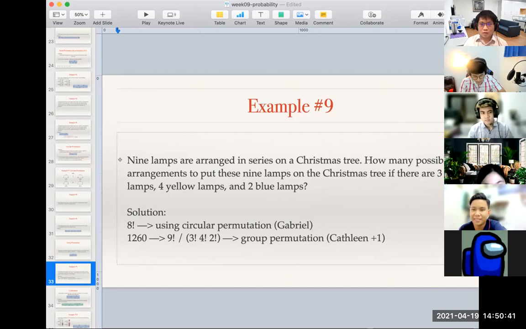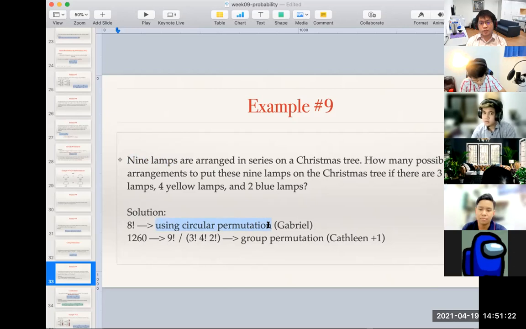Okay, let me just answer this one. For these questions, even though we know that we have 9 lamps to be arranged on the Christmas tree, and our friend Gabriel says the Christmas tree is round, like a circle, you need to read the question again.